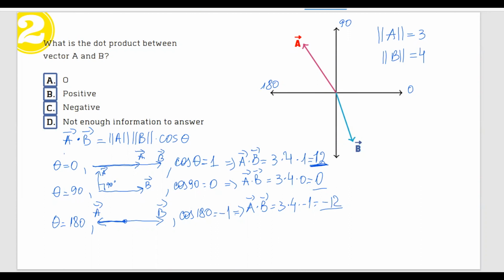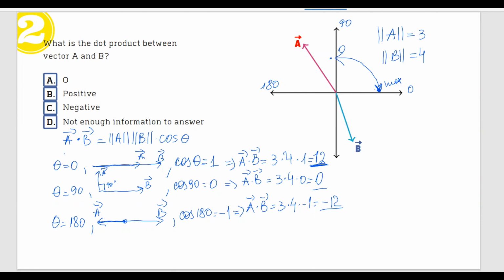So we're starting from the maximum value when the angle is 0, and as we go to 90 degrees, the value for the dot product decreases from the max, right? From the max value, it decreases all the way to 0.